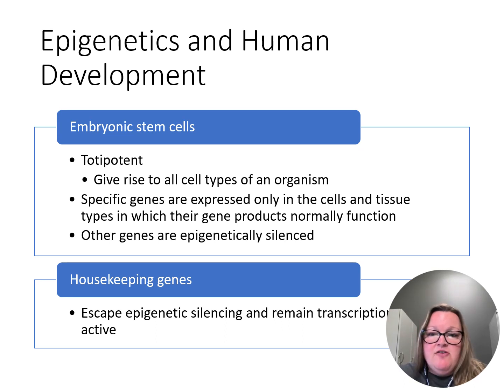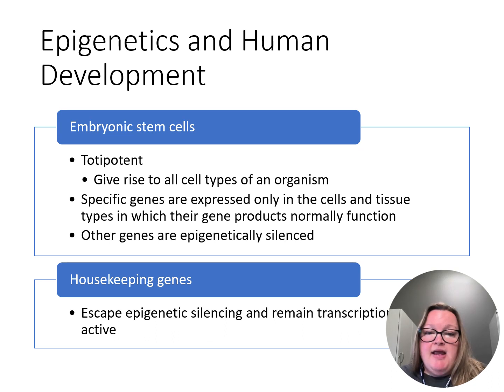Epigenetic modifications that happen during our embryonic development really help to make sure that specific genes are expressed in the correct types of cells and tissues, and other genes that should not be expressed are silenced or methylated. We also have what are called housekeeping genes. You need to know that these cannot be silenced or methylated.